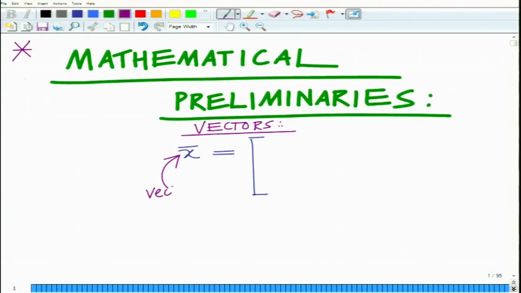So, this is basically a vector. Vector x bar is an n dimensional object which contains n components. These are the elements. So, this is your n dimensional vector, which contains n elements.